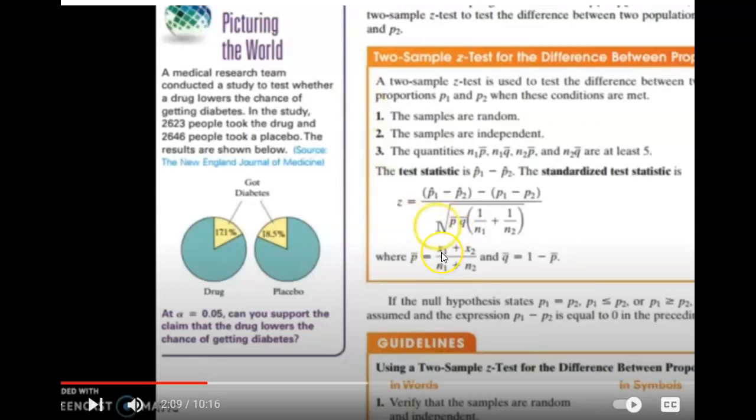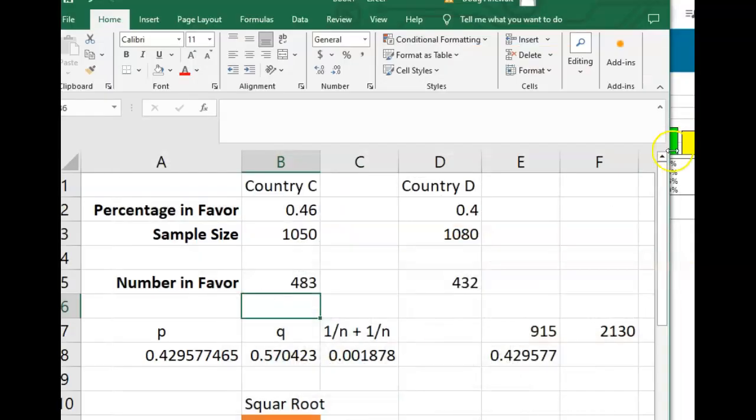And it looks like we're adding X1 plus X2 over N1 plus N2. The easiest way to think about that is we are just combining both samples all the way together and finding the proportion of everything combined. So for example, these are our two sample sizes. If we added those together, we'd have this many total people down here. I'm highlighting it in blue.